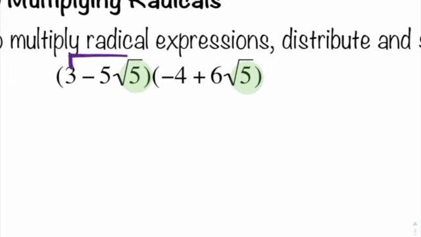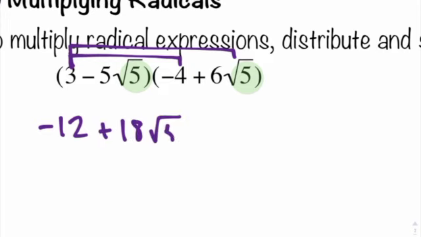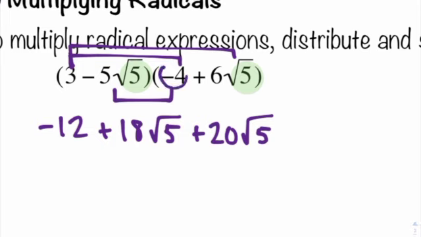First, 3 times negative 4. Okay, negative 12, that's pretty easy. 3 times 6 radical 5 will be 18 radical 5. Negative 5 radical 5 times negative 4 will be 20 radical 5. Just the numbers get multiplied there.